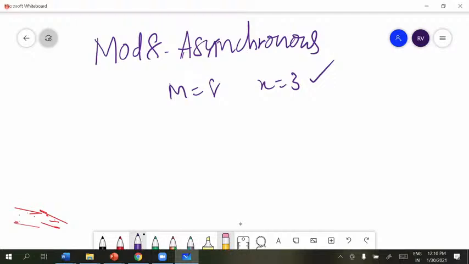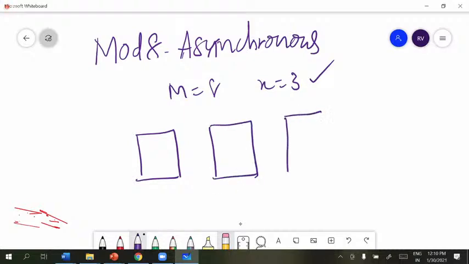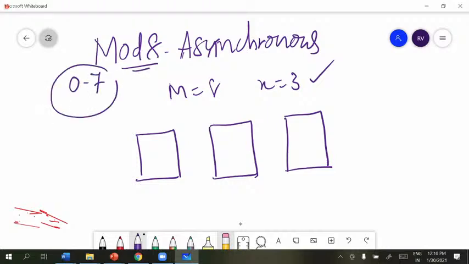We have to use 3 JK flip-flops. And what may be its counting sequence? 0 to 7. So we should count from 0 to 7 using 3 JK flip-flops.